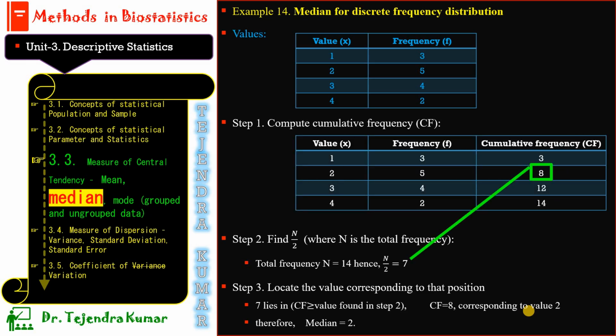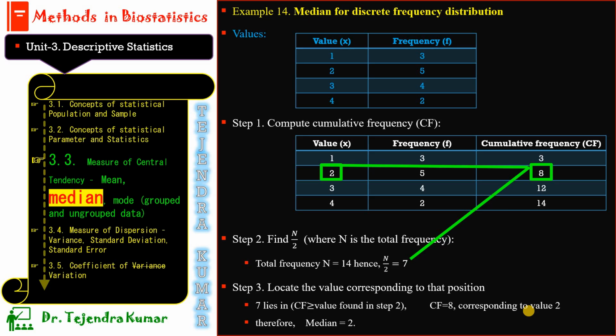Here it is 8. In cumulative frequency it is 8, just higher. So the corresponding x value is 2, so the CF is equal to 8 and corresponding to the value 2, therefore the median is 2.